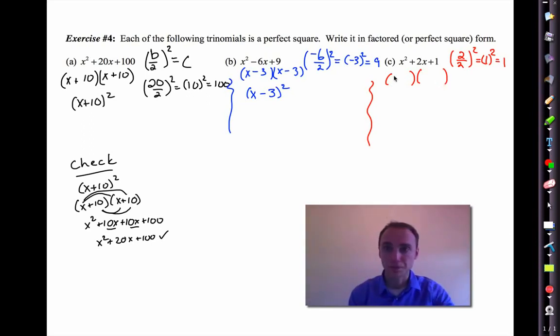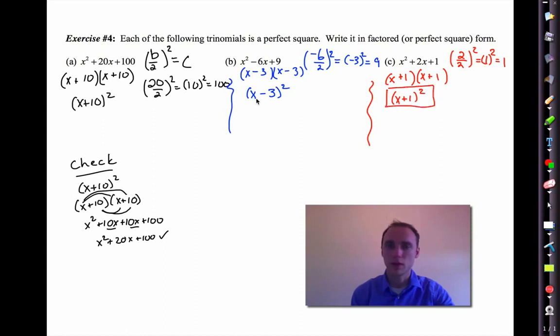When I factor, I need numbers that multiply to 1 and add to 2, which gives me x plus 1 and x plus 1, which is a perfect square, x plus 1 squared.